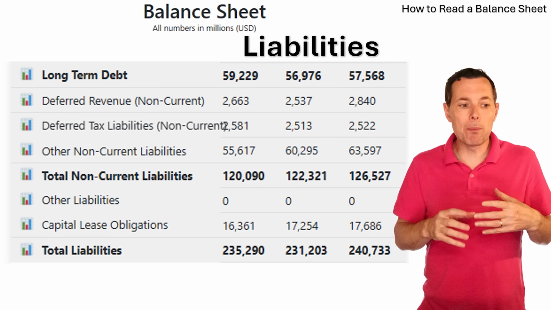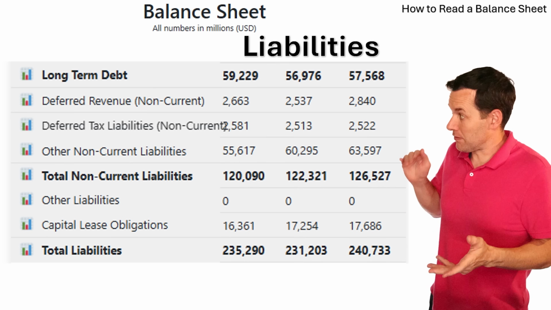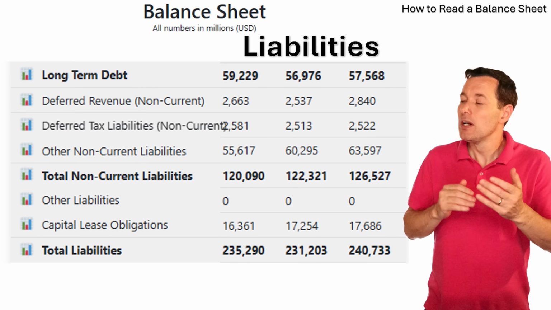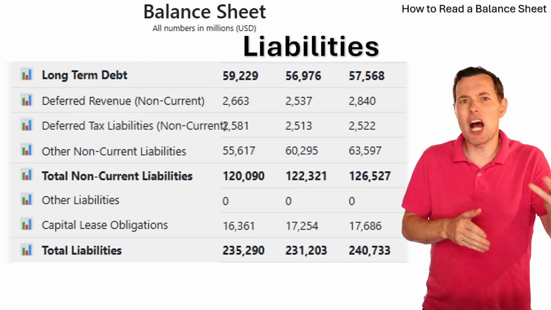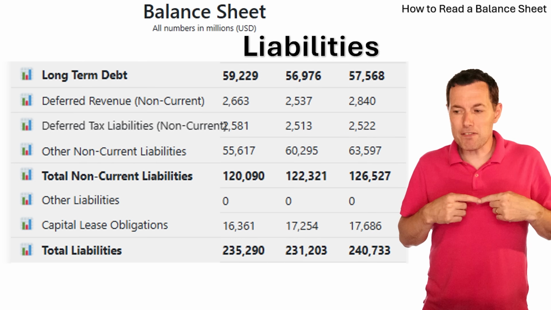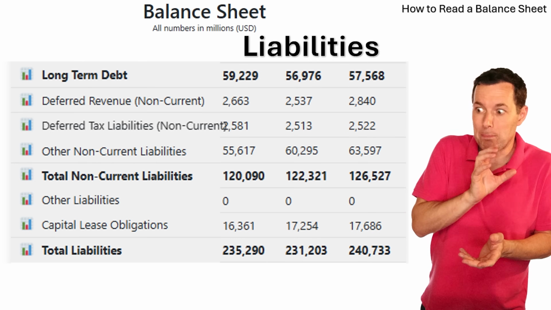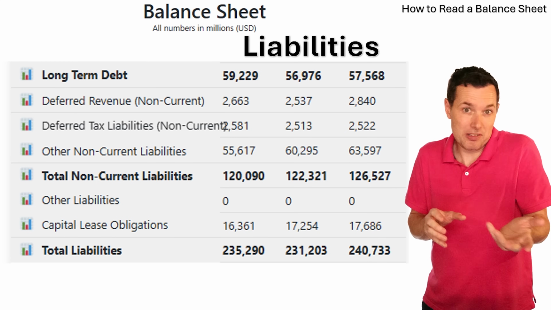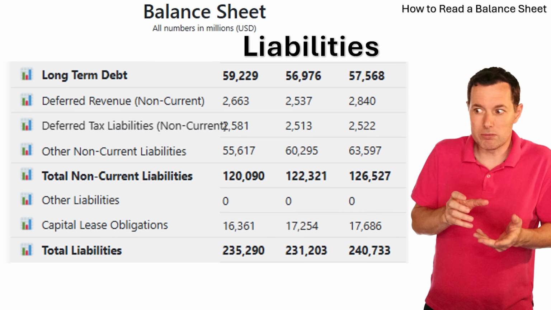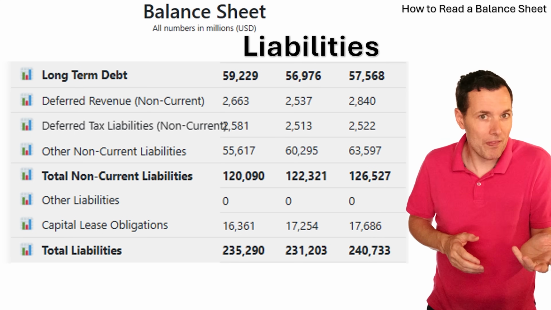So picture this, what companies were doing before they had to report capital lease obligations. Let's say they're going to buy a $100,000 truck. If they buy the truck and finance $100,000, so essentially they take a loan for it, well, debt has to go up. They might not want that to happen.